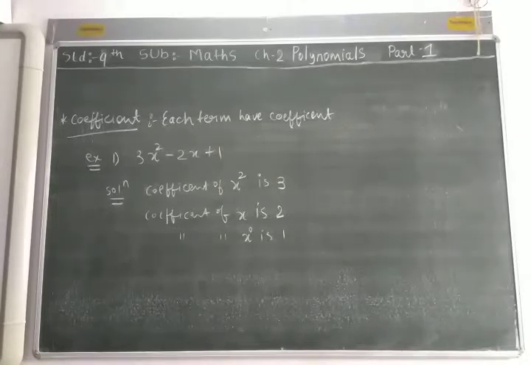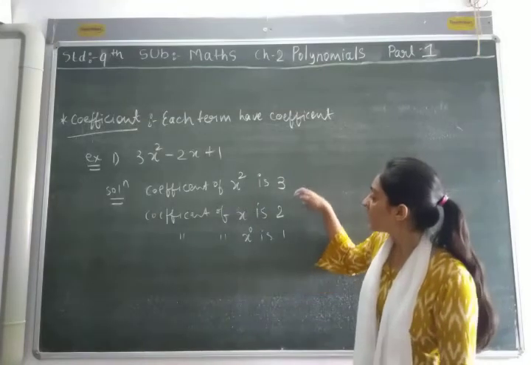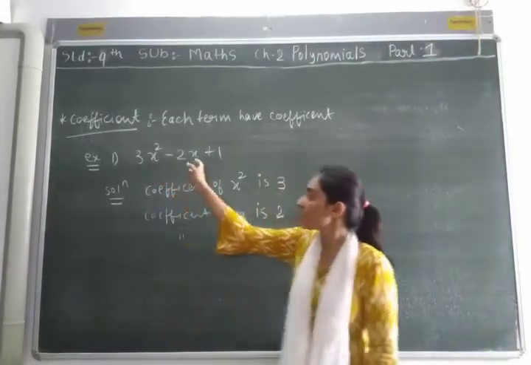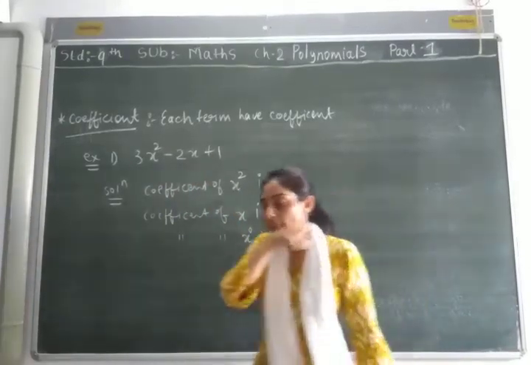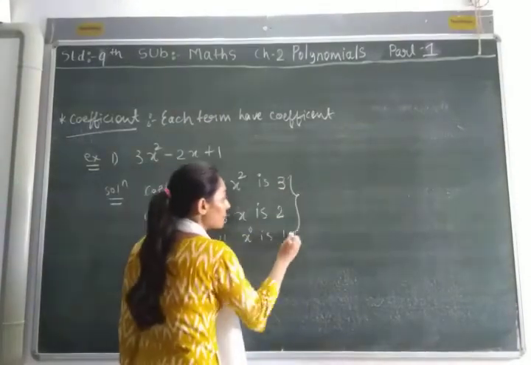Now let's move on. 3, 2 and 1 are the coefficients of x square, x and x to the power 0. It doesn't mean that these are not polynomials.